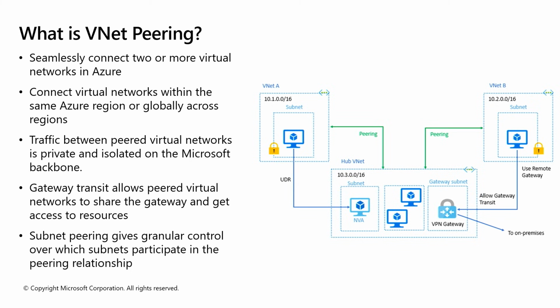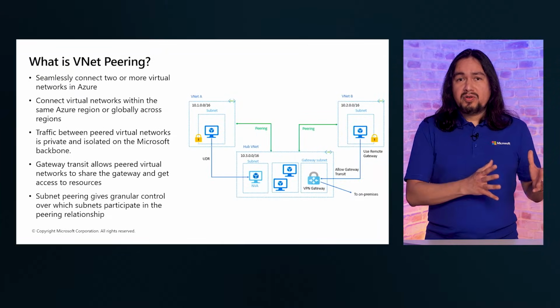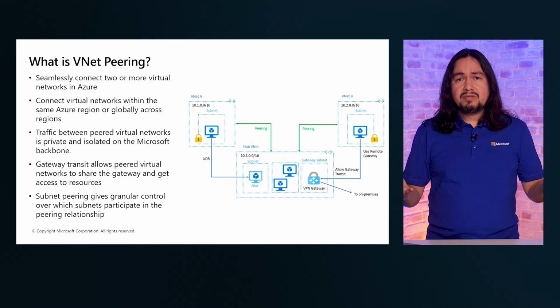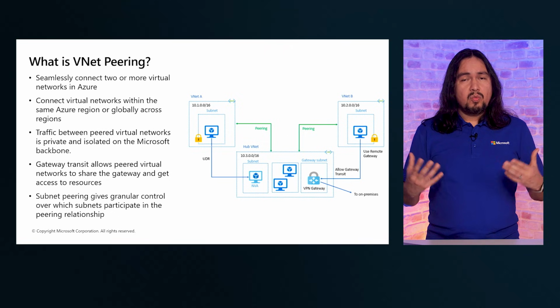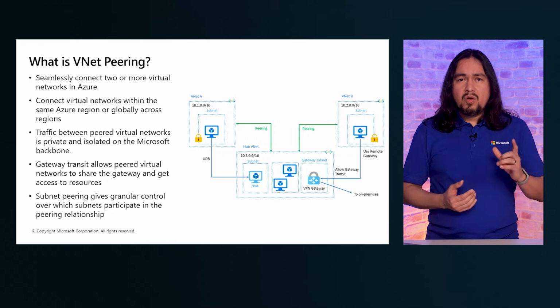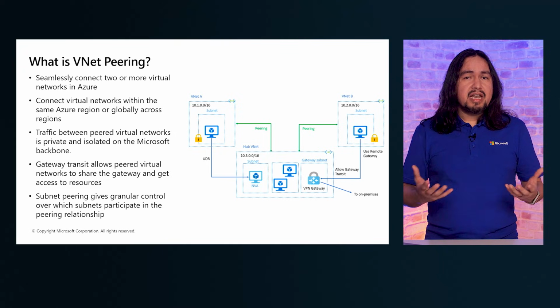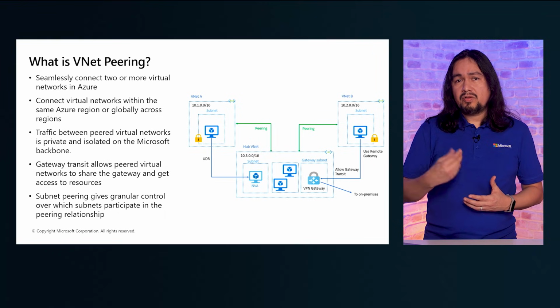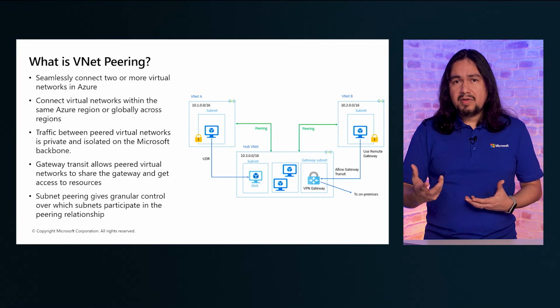Let's imagine that you have two different virtual networks and that you want to communicate those virtual networks together. The virtual networks can be in the same Azure region or in different Azure regions for that matter. And what you need to do is just enable that setting. With virtual network peering, you can also enable the gateway transit, which will enable you to communicate to other networks like on premises.